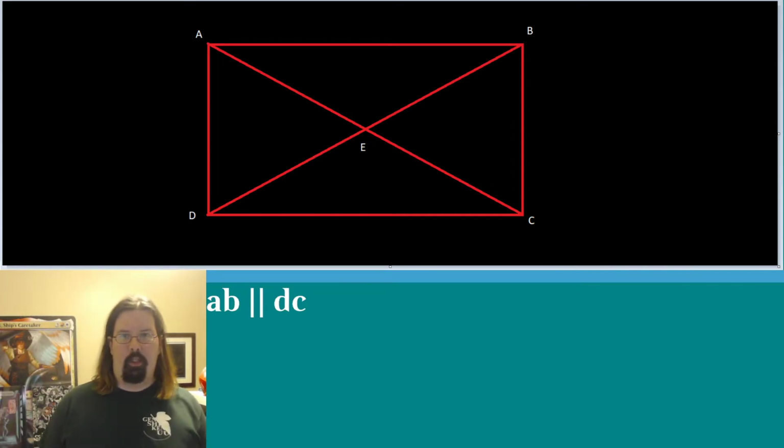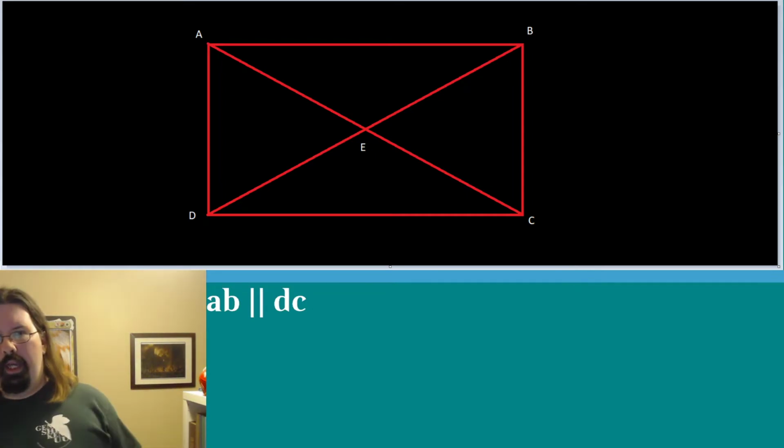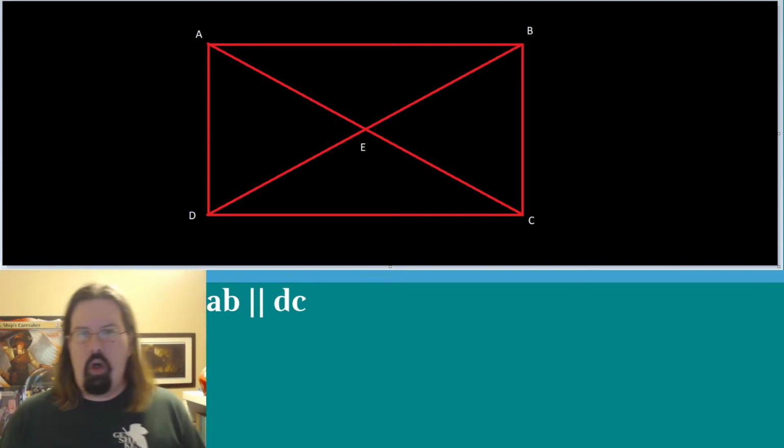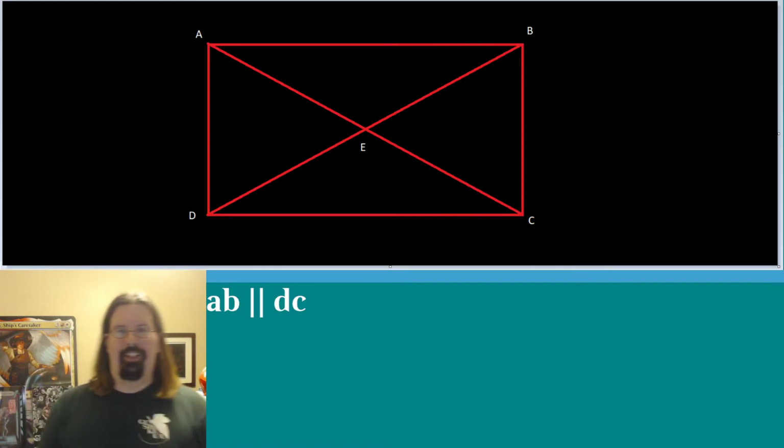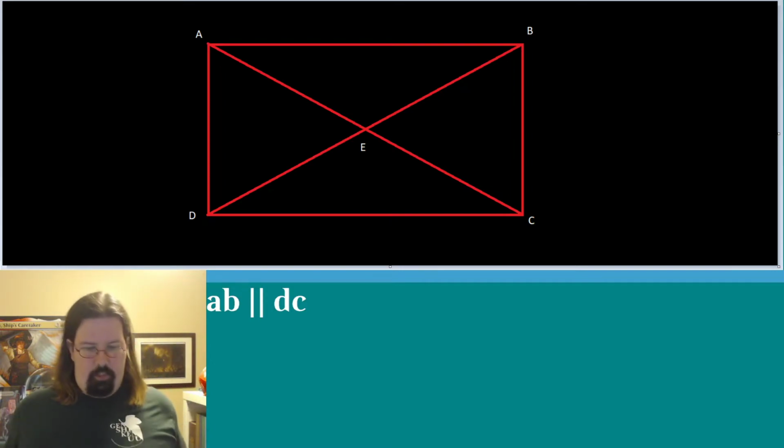So AB is parallel to DC. All right. How are these vertical lines going to look in this font? Oh, they look great. Why are they lowercase? Oh, because caps lock is on. All right, we're learning. So we have AB is parallel to DC. All right, cool. I like that.